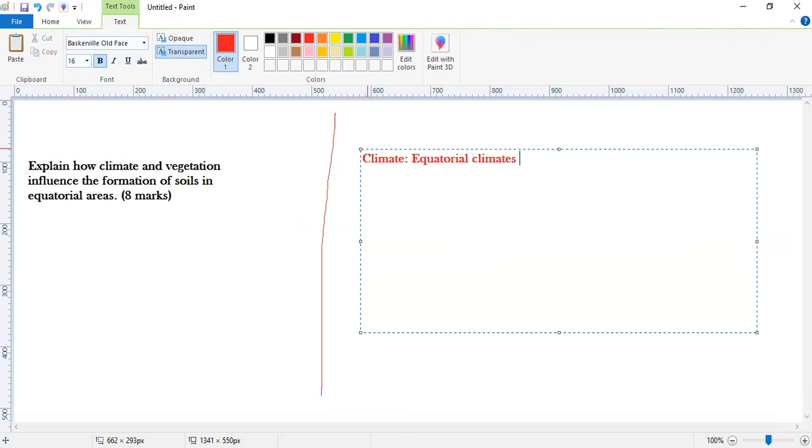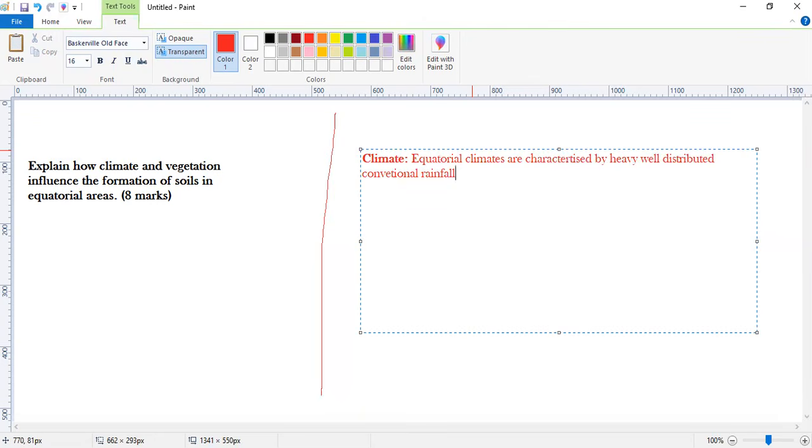Equatorial climates are characterized by heavy, well-distributed convectional rainfall. We said a whole lot in just one sentence. All right. So you don't have to write a whole lot of words.